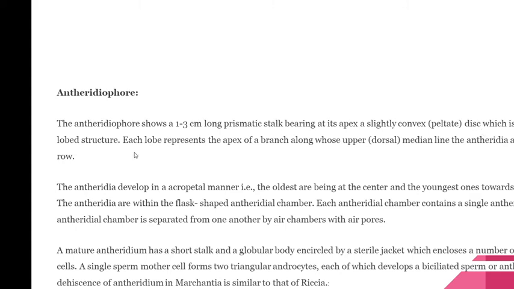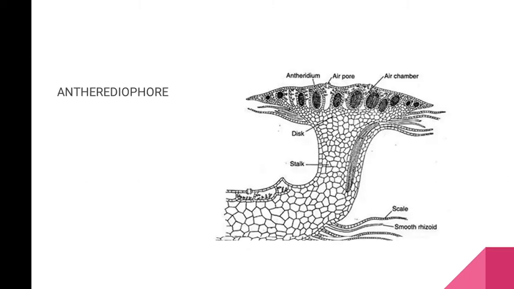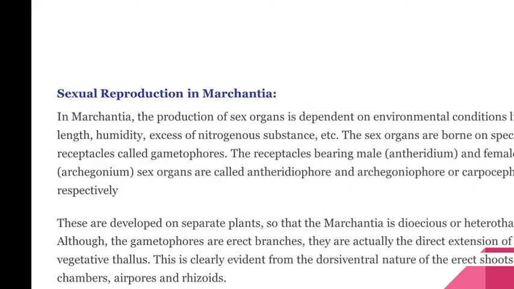The antheridia are borne in rows on the upper dorsal side of the disc. The antheridia develop in an acropetal manner: the oldest ones are at the center and the youngest ones are in the peripheral region.